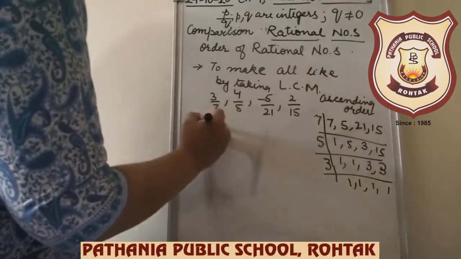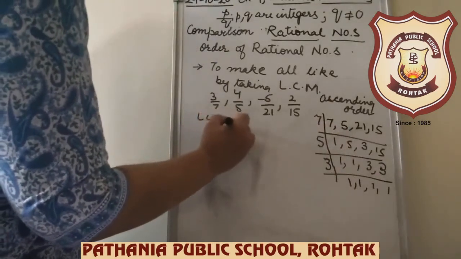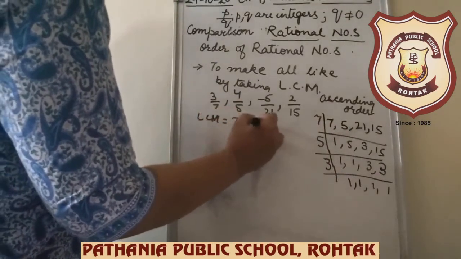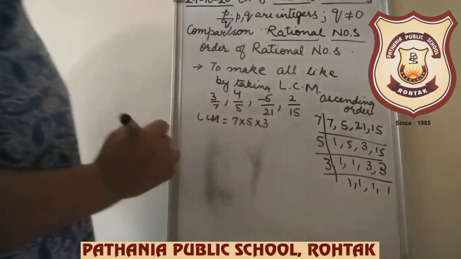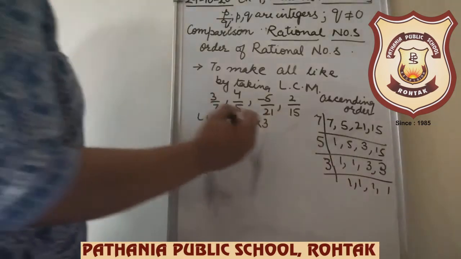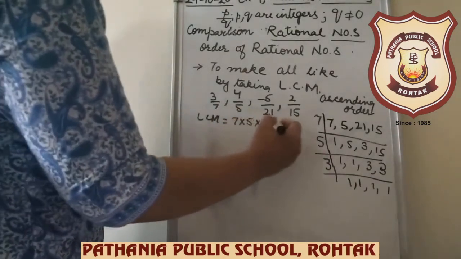So LCM is 7 multiplied by 5 multiplied by 3, and it comes out to be 15 sevens are 105.